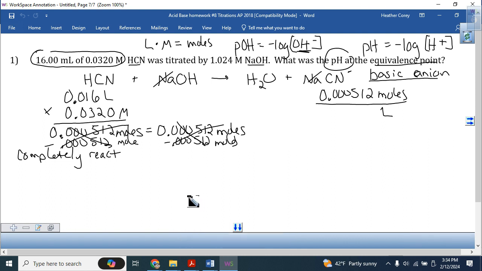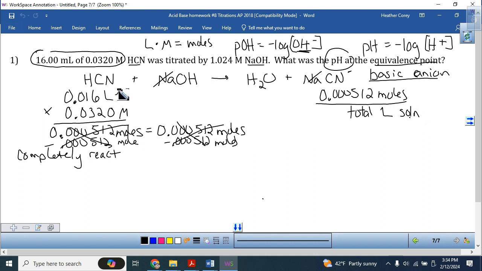It can be more concentrated or more dilute. So we need to know the total liters of solution. Okay, so how do I find the total liters of solution?